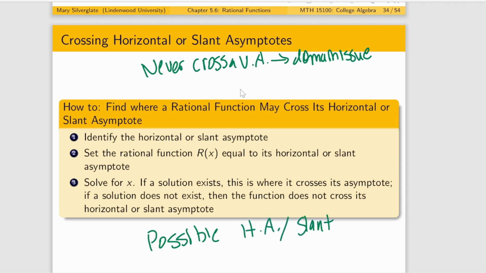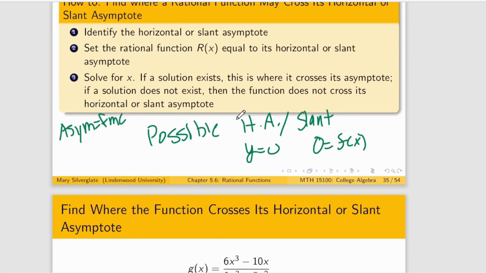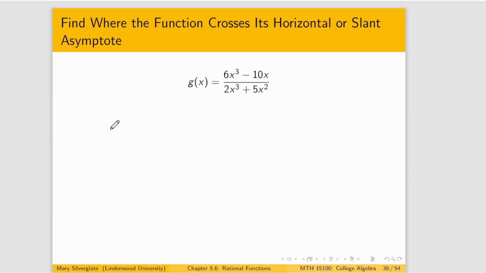And to do that, you just literally find out, plug in, so for example, if you got y is equal to 0, you plug in 0 is equal to the function and solve. So whatever is that asymptote, you just set it equal to the function. Solve for y, or solve for x. If solving for x works, great, you figure out where it crossed. If it doesn't work, it doesn't cross.